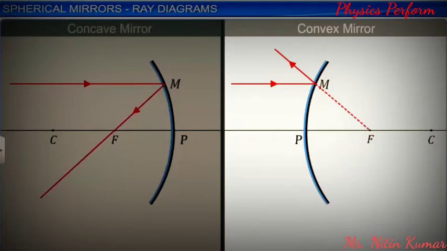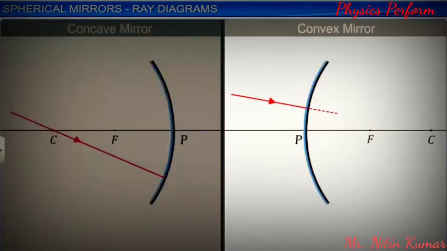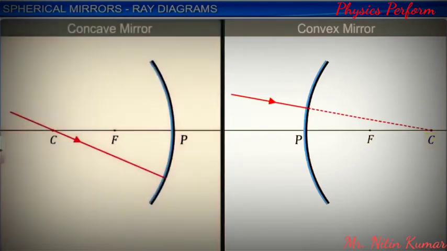2. If a ray of light initially passes through or appears to pass through the center of curvature C, then, after reflection, the ray retraces its path. 3.